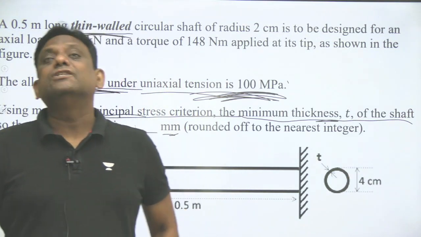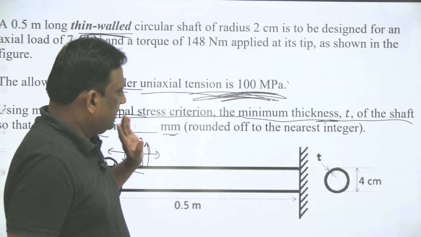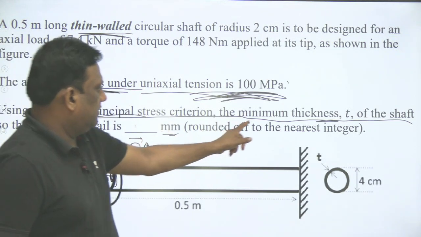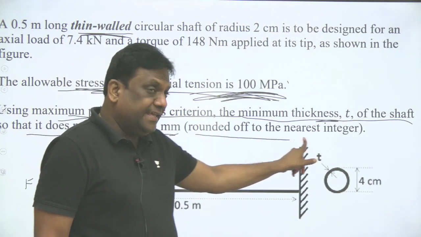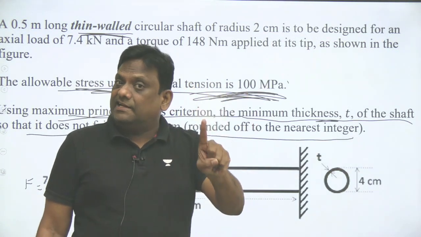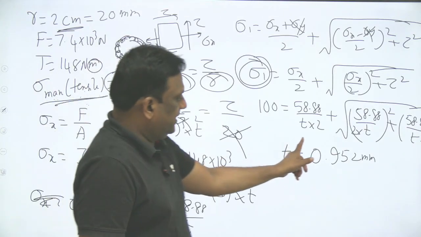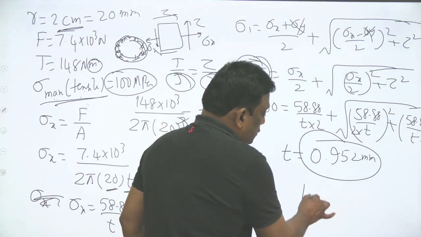It is wrong. It is out of the range because he said to use the maximum thickness rounded off to the nearest integer. For 0.952, the nearest integer is 1 mm.